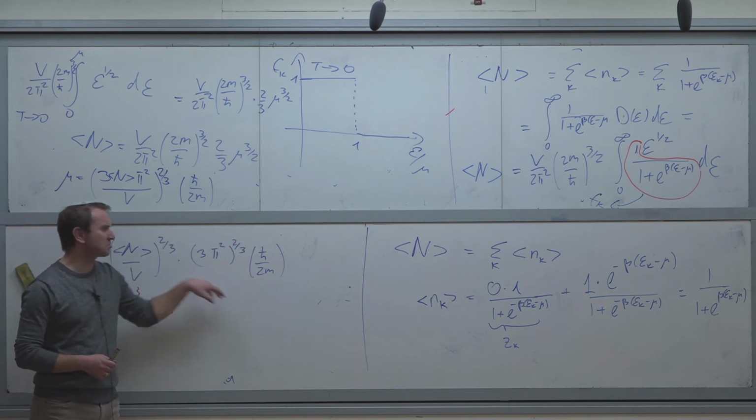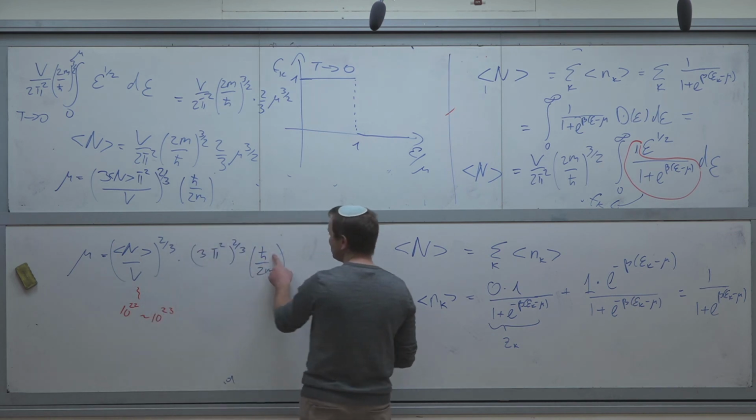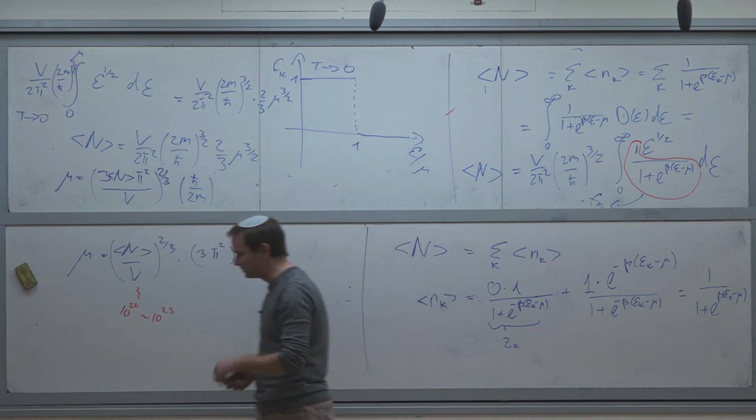This number is also a very specific number. We have only constants: ħ and the mass of the electron.